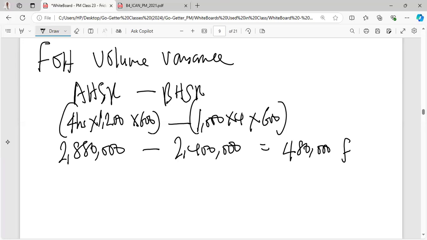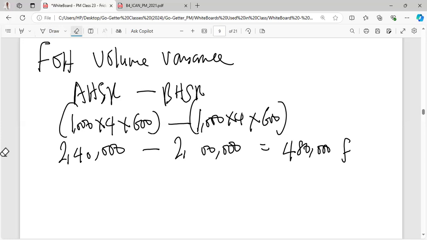So we will do the whole thing again. 1,000 times 4 times 600 will give me 2,400,000, while this will give me 2,880,000. This is going to give me adverse. So the only difference here is to make it adverse.